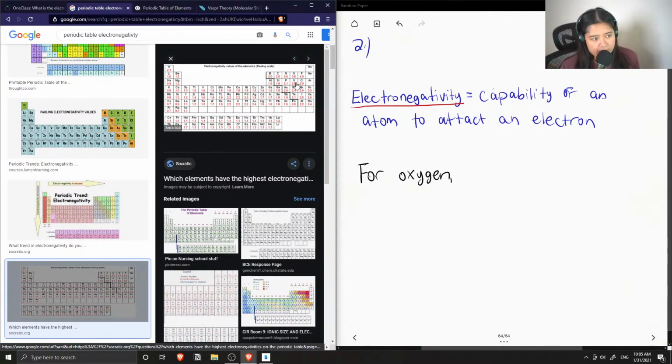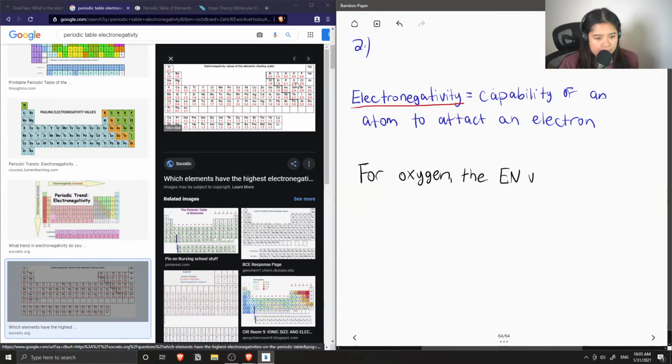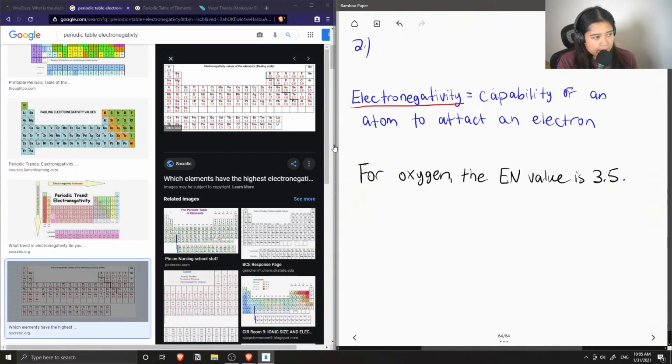You can see that oxygen's is 3.5, which is relatively high. So 3.5, if we compare it to the other values, is pretty high. And you'll see that the highest electronegativity value is fluorine, which is 4.